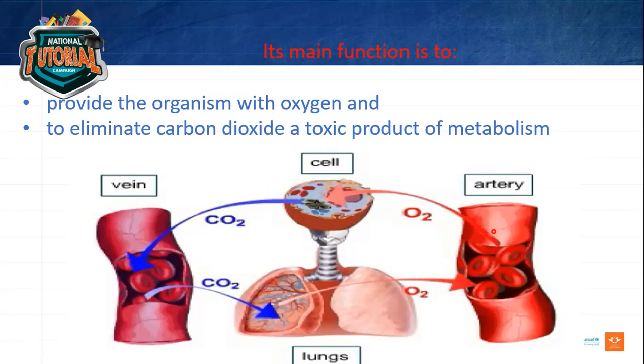In that case, there are pulmonary arteries that are carrying deoxygenated blood, right? And then after the blood goes through that whole process, the arteries involved in the respiratory system will be the ones that carry away that oxygenated blood from the heart to the other cells in the body. Now this artery here is the one that transports oxygenated blood to other cells of the body that need this oxygen.